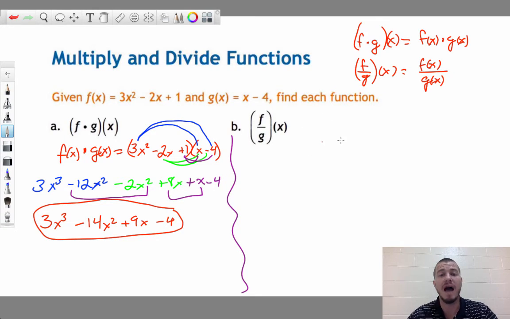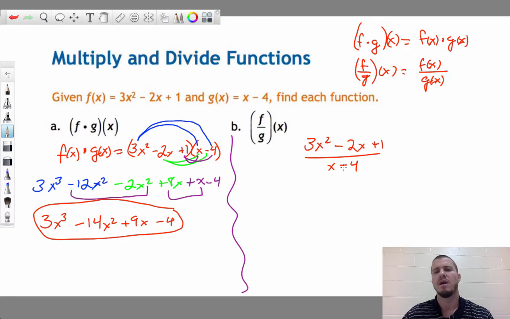And when I'm dividing, it's just going to be 3x squared minus 2x plus 1 divided by x minus 4. You do need to pay attention to restrictions here, though, because you have to find any restrictions on x. Is there anything x cannot be? Well, this denominator is not allowed to be 0.